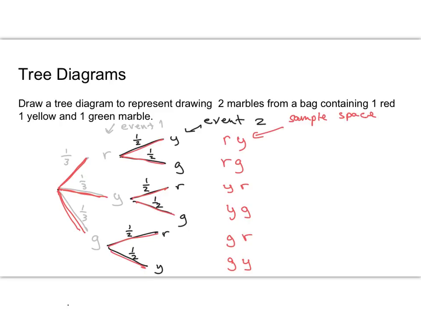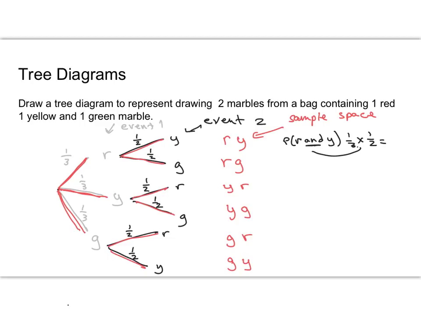If I wanted to calculate the probabilities for each of these events, well, I have to think about the probability of red and then yellow for the first one. Since it's an and, I multiply together. It's going to be 1/3 times 1/2.